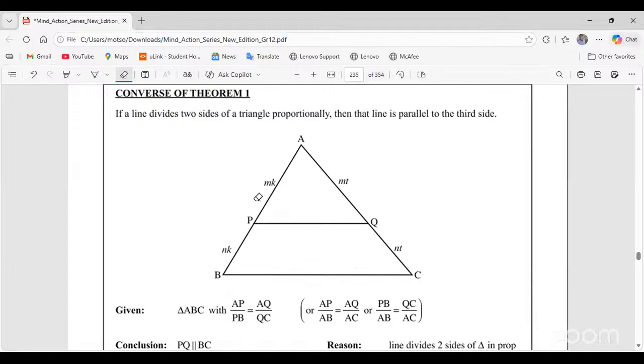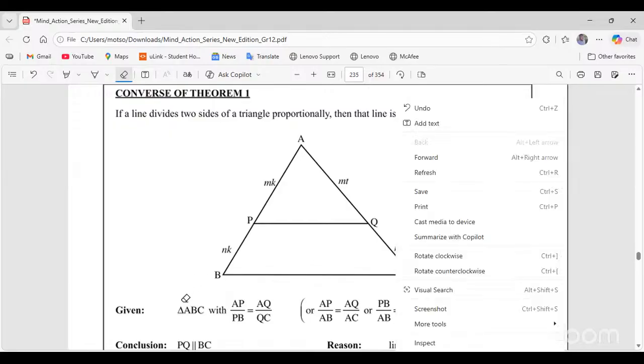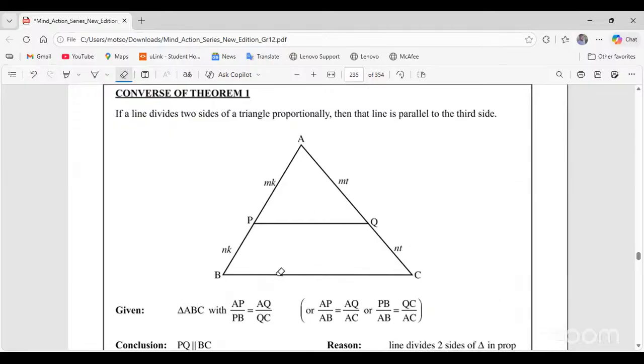You can say now AP over AB is equal to AQ over AC, or PB over AB is equal to QC over AC. Now, if you are given that, you can conclude now by saying PQ, which is this line, is parallel to BC.